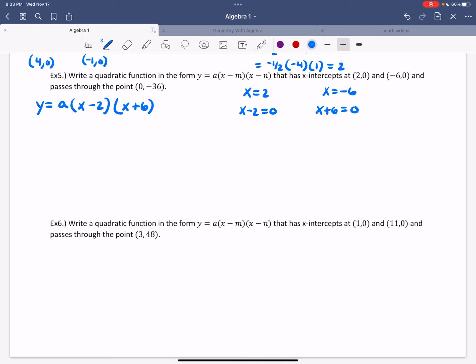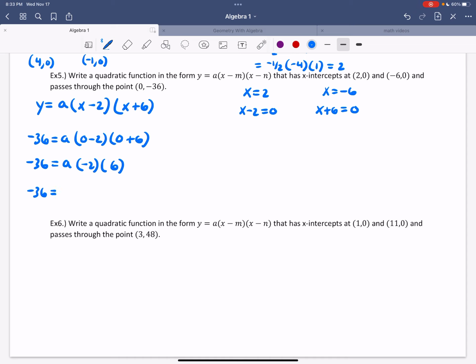So we know that y equals negative 36 when we plug a 0 in for x. So plug a negative 36 in for y and a 0 in for each x. And then let's simplify. So that's negative 36 equals a times negative 2 times 6.